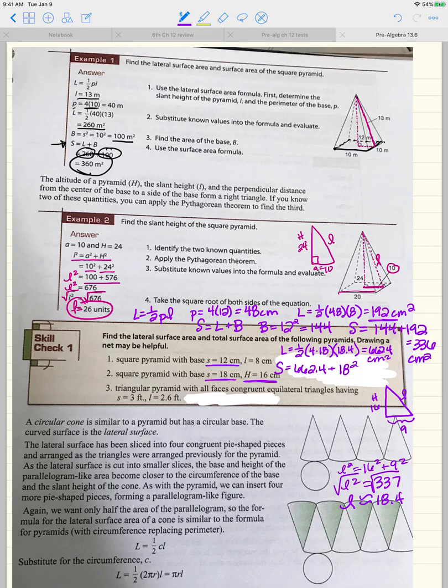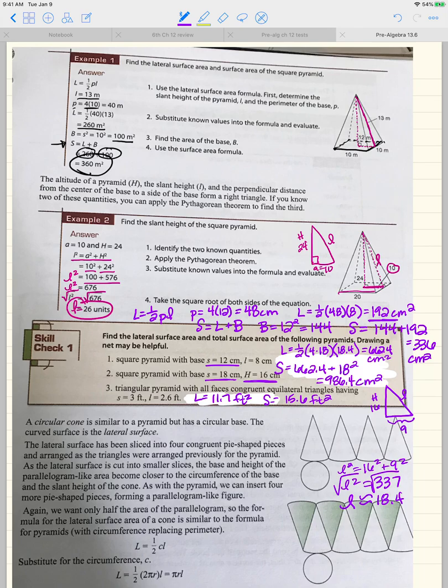I'm just plugging into my calculator, and that is 986.4 centimeters squared. So that's number 2. Go ahead and work through number 3 on your own, and you should get l equal to 11.7 feet, and total surface area equal to 15.6 feet squared.